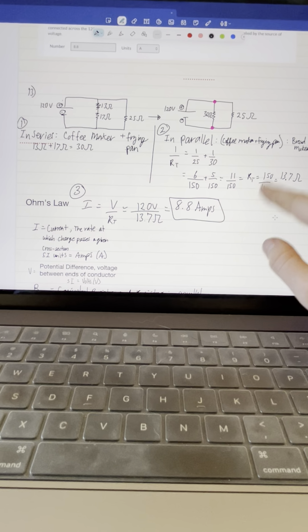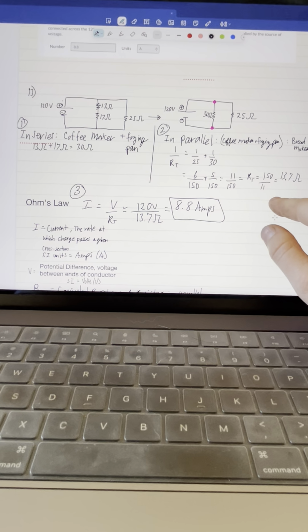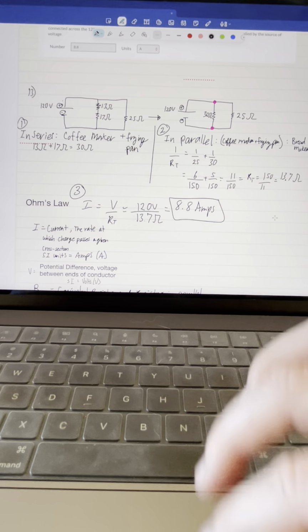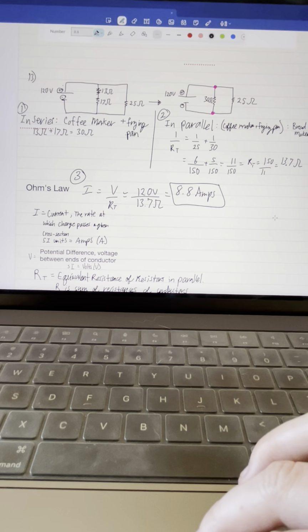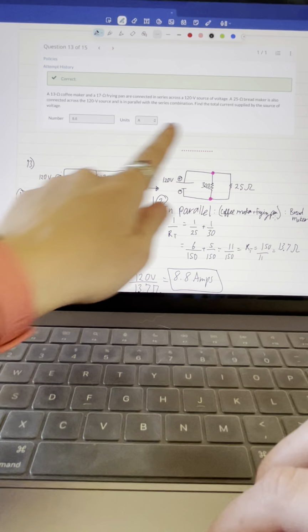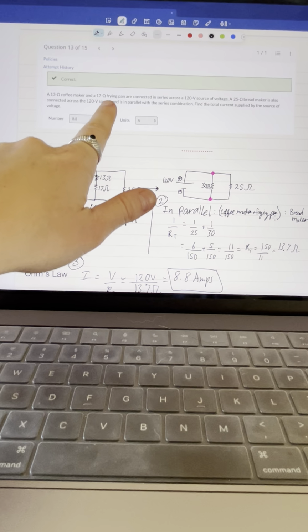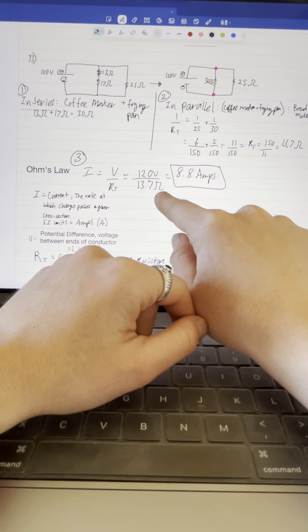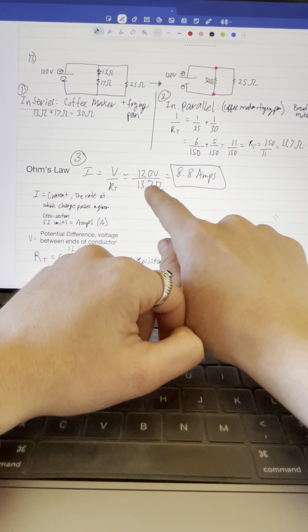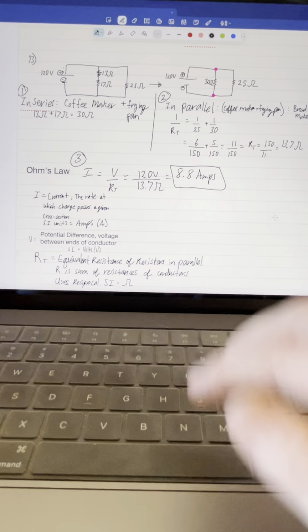You take the reciprocal of that to get RT, your total resistance, so it's 150 divided by 11, which is 13.7 ohms. Finally, I'm already given the voltage, and it asked me for current. I'm given the 120 voltage source, so I just put 120 over 13.7 ohms, and that gives me 8.8 amps in total.